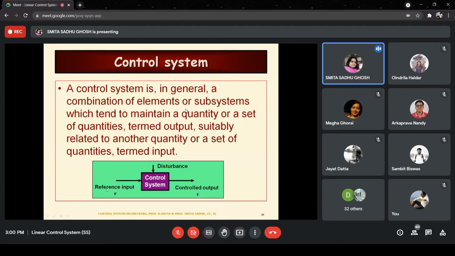R means reference input. Now over here in this control system, you find that there is another signal which is being input to this system, and that is termed as disturbance. It is essential for us, as control engineers, to understand the difference between reference input and disturbance signals.